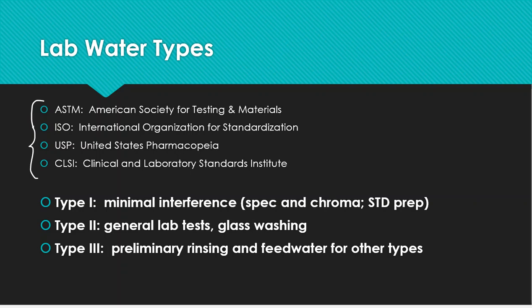So the ASTM, ISO, USP, and CLSI, those are all abbreviations that stand for something. And I don't think that you necessarily need to remember what these abbreviations stand for, but I think it's important for me to at least mention them and talk a little bit about them. So ASTM, those letters represent the American Society for Testing and Materials.